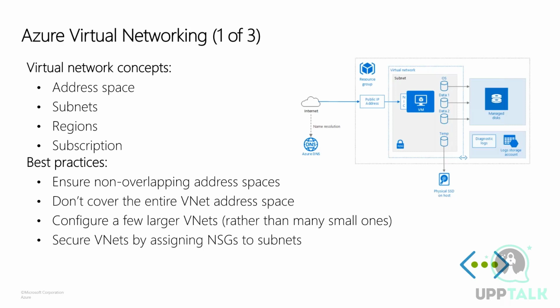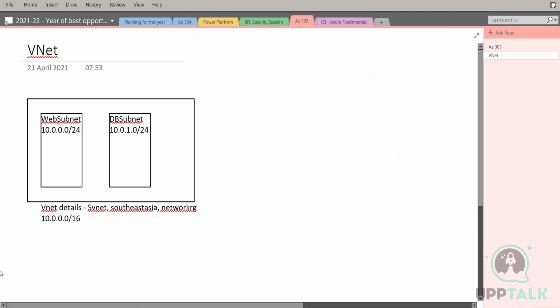Second thing you see is don't cover the entire VNet address space, because once it comes to your address spaces, you will require additional members over here for Bastion service. You will require additional members for configuring your gateway. Now, what is this gateway? What is Bastion service? I will come to each of these things whenever we have the required points.